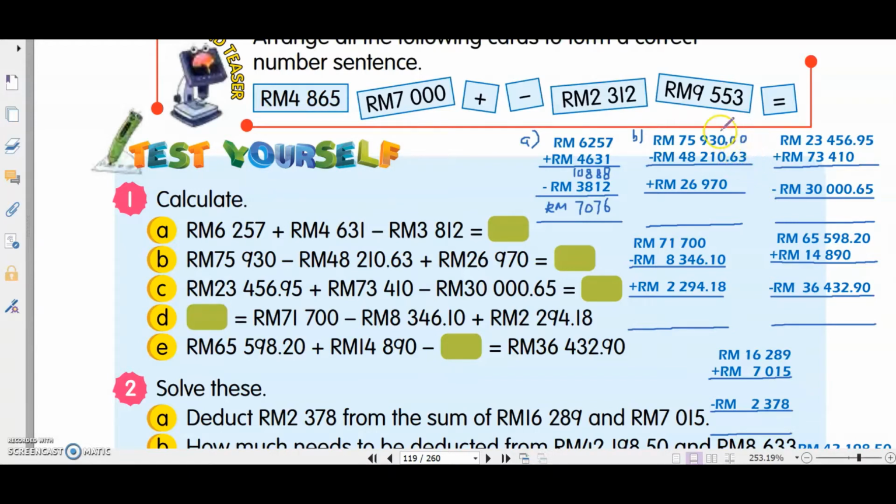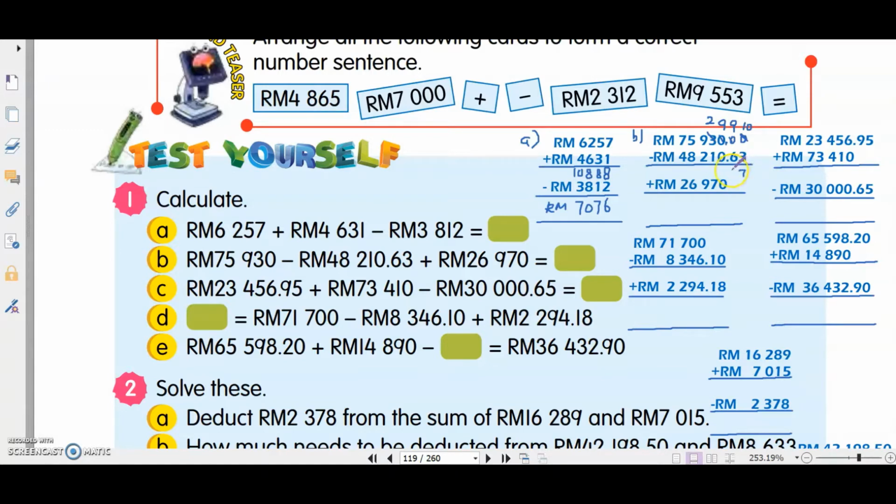So 0 cannot minus 3, you have to borrow from this number here. So this number minus 1 becomes 2. The middle 0, they all get 9, whereas the last 0 gets 10. The middle all gets 9. And then we minus 10 minus 3 is 7.